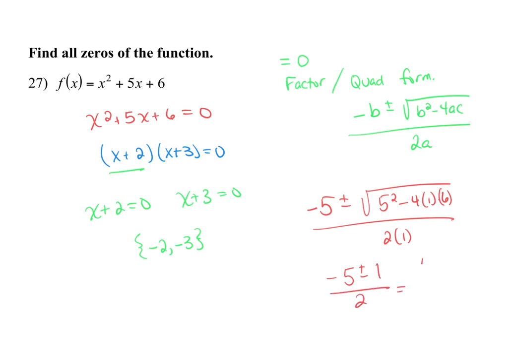And so I have -5 plus 1 over 2, and -5 minus 1 over 2, which is going to give me -2 and -3, right? So the quadratic formula always works. Factoring works if it is factorable, right? And so those are the 2 methods that you would use on the quiz. You would either factor or use the quadratic formula to give me those zeros.